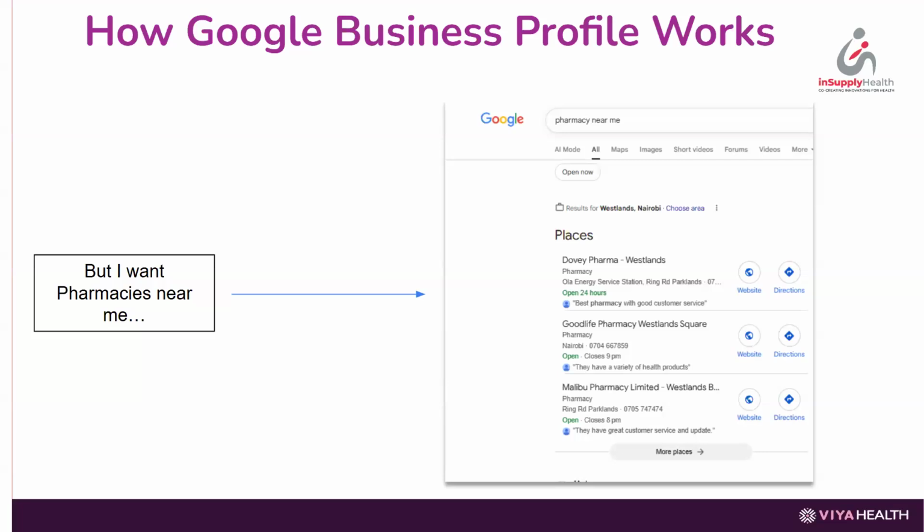And then it will also show your opening and closing hours, if it is open 24 hours, or maybe it closes at 5 p.m. or 6 p.m. or 10 p.m. If you have a website, again, it will show. And if I want to click on the direction, I'll be able to click on the button at the end for me also to try and walk in to your pharmacy. Next.